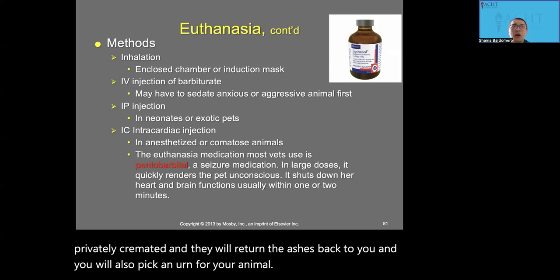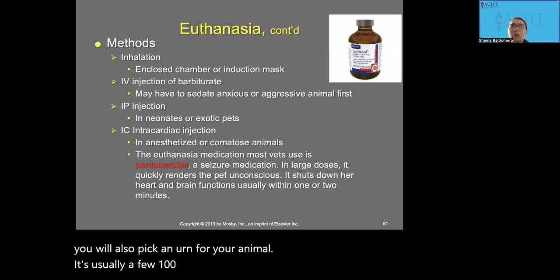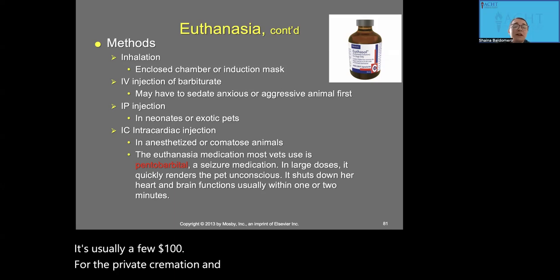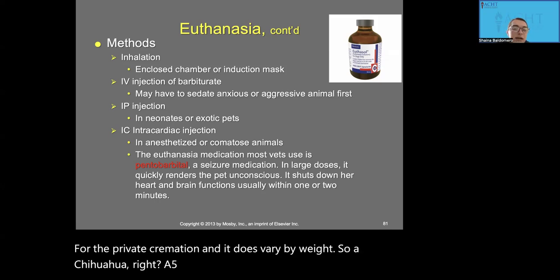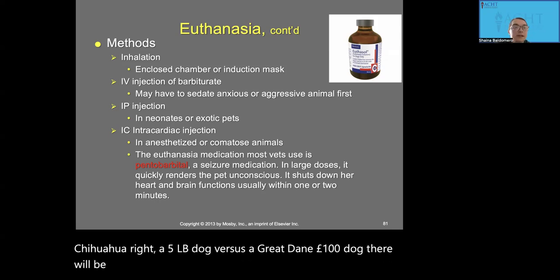It's usually a few hundred dollars for the private cremation and it does vary by weight. So a Chihuahua, a 5-pound dog, versus a Great Dane, a 100-pound dog, there will be a significant price difference to be aware of. And it's the owner's discretion on what they would like to do.